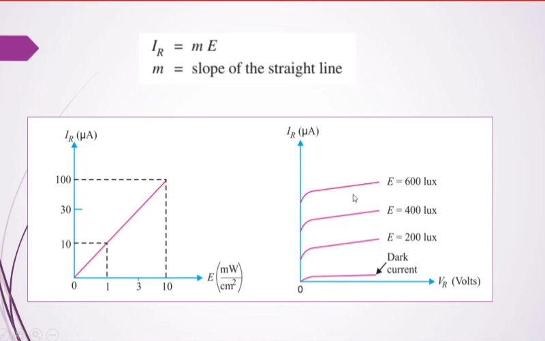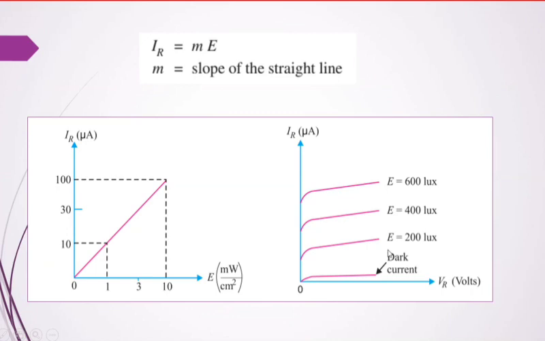And the second diagram shows the VI characteristics of photodiodes. You apply voltage and measure current, and this is the dark current response. If you measure dark current, which means there is no light on the photodiode, in a dark room, and you apply reverse bias, a very small amount of current will flow, only due to the minority charge carriers. That is dark current.